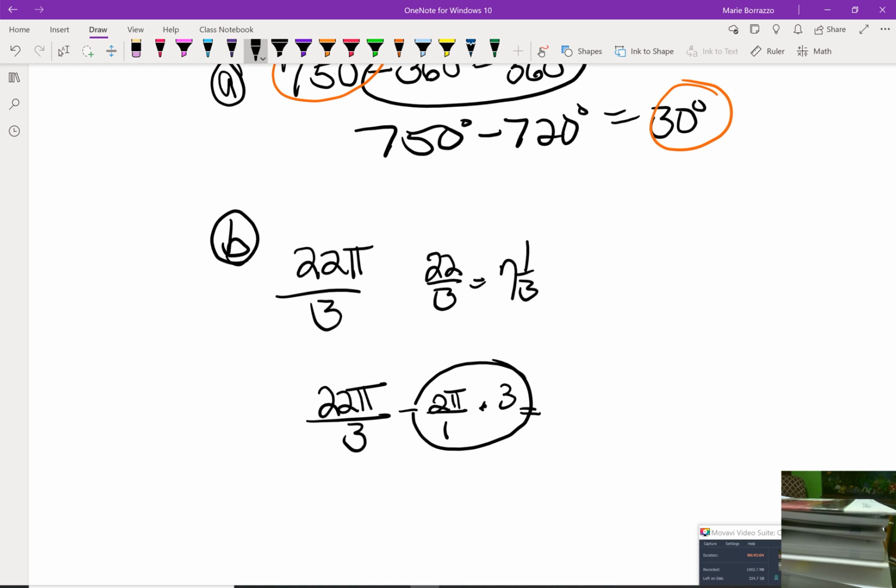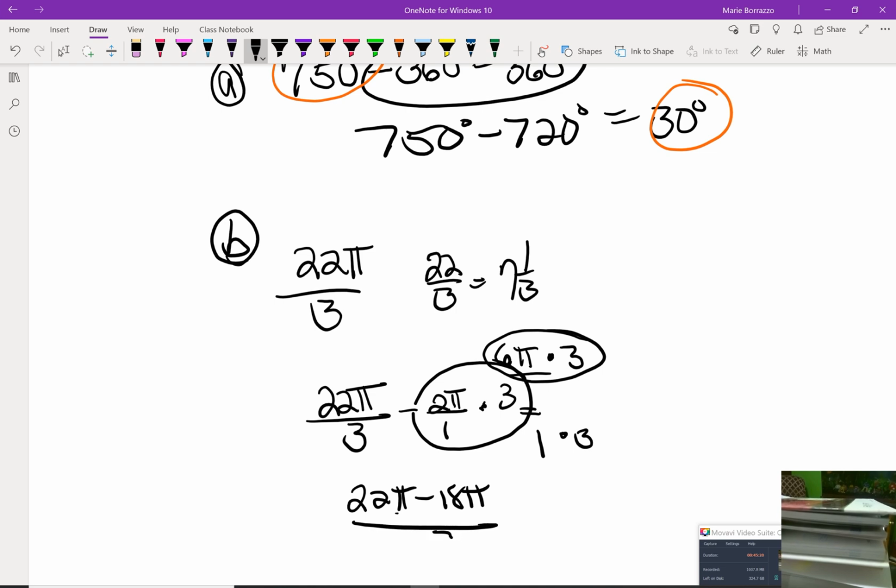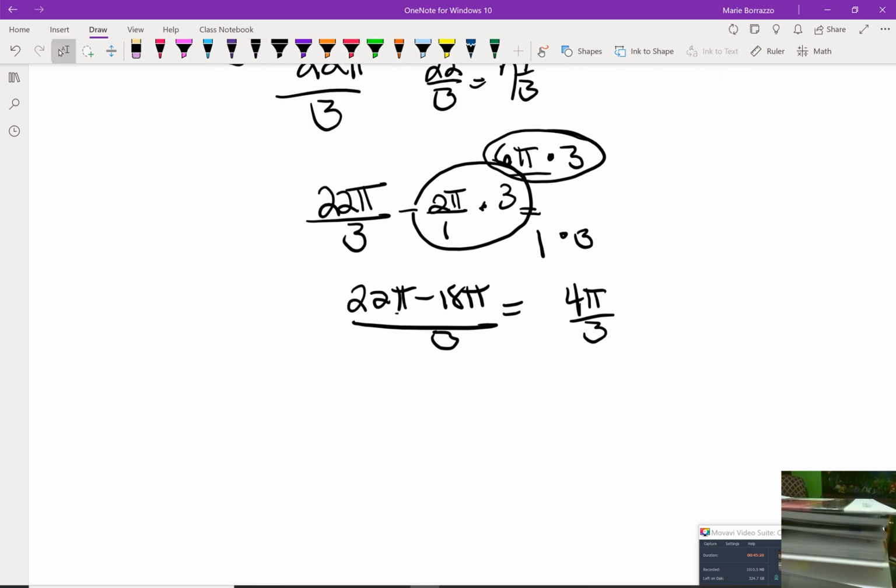So if this is 6 pi over 1, common denominator, multiply by 3 on top and bottom. Now you have 22 pi minus 18 pi over 3, which leaves us 4 pi over 3. So 4 pi over 3 is coterminal with 22 pi over 3.